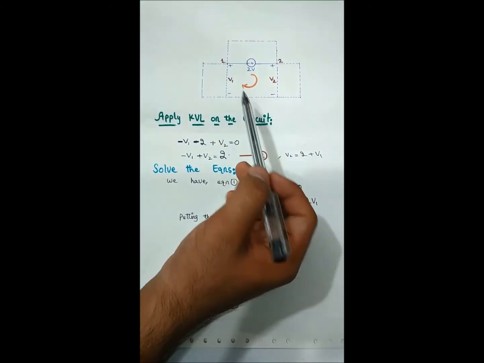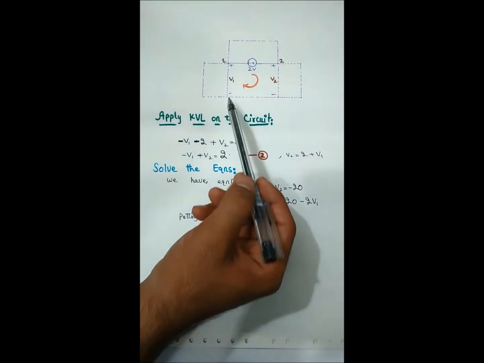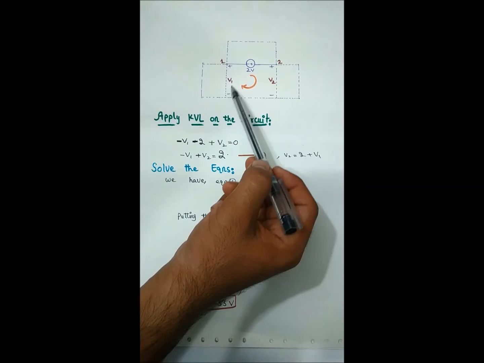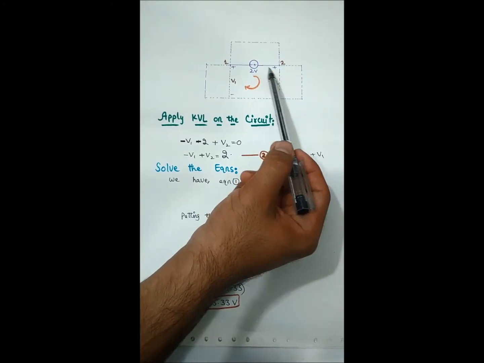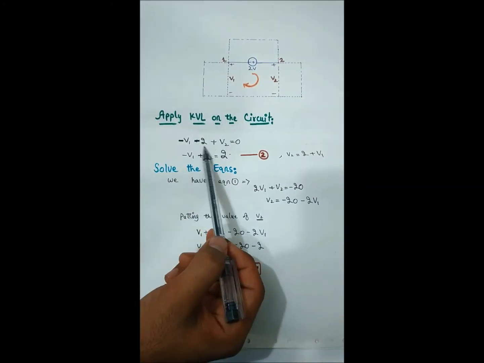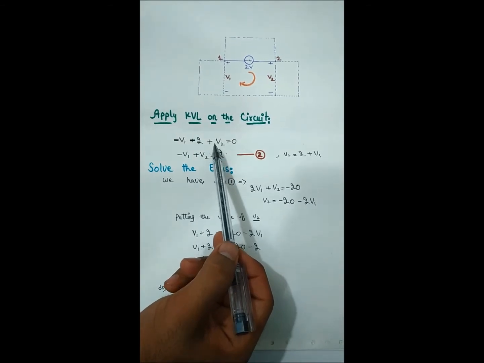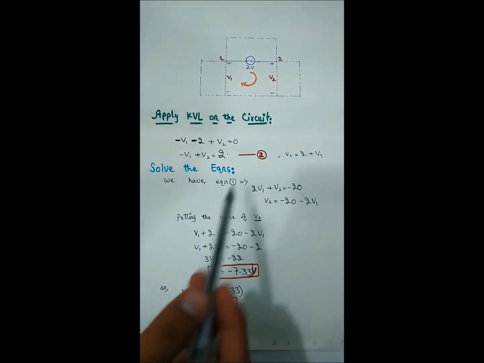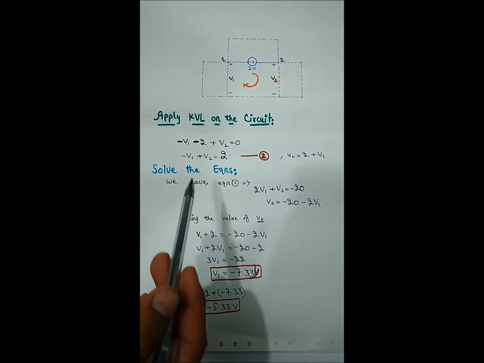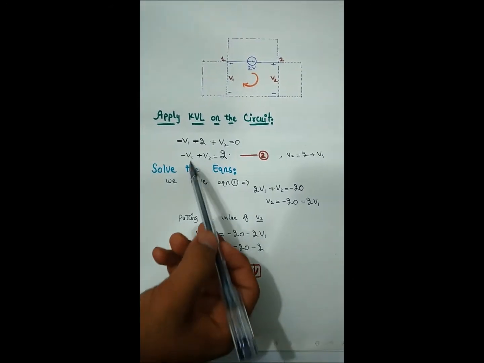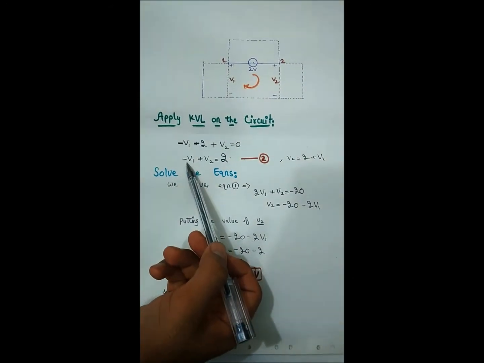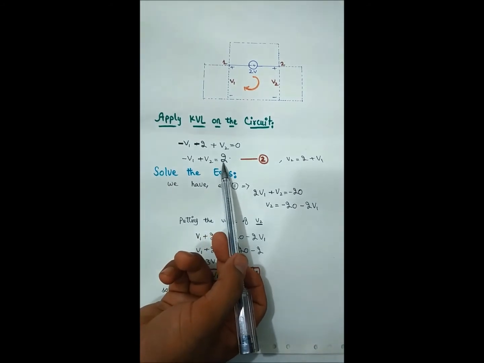Here we will apply KVL. So we have the equation minus V1 minus 2 volt plus V2 equals 0. As you all know, KVL says that the sum of all the voltages in a closed loop is 0. By arranging this, we have minus V1 plus V2 equals 2.